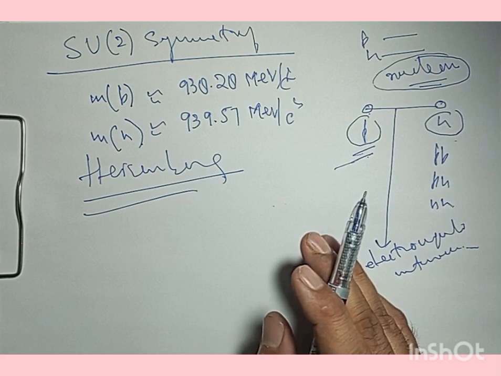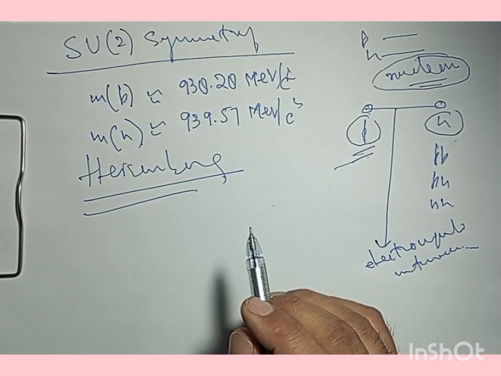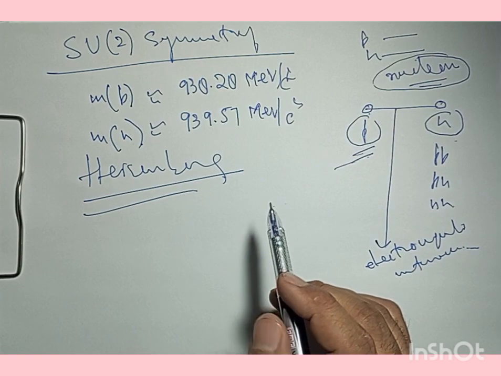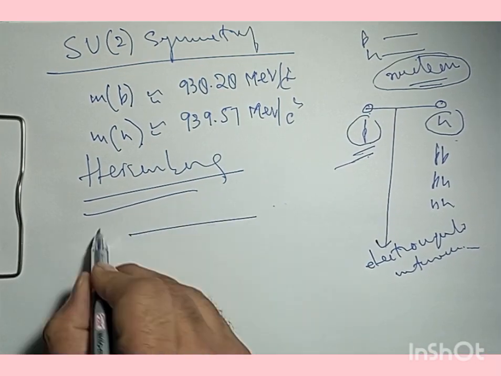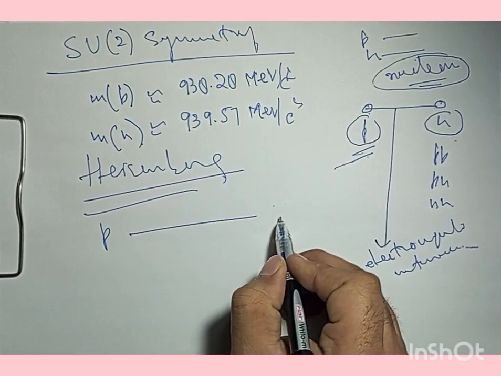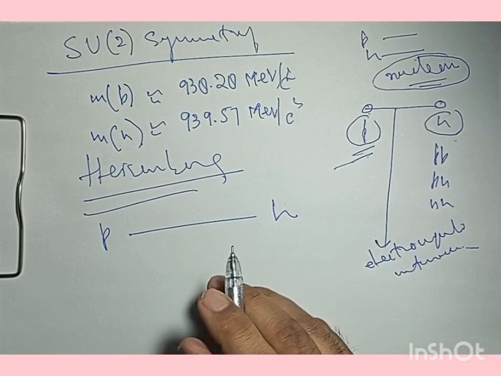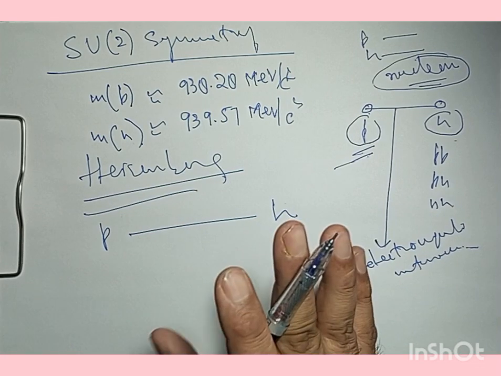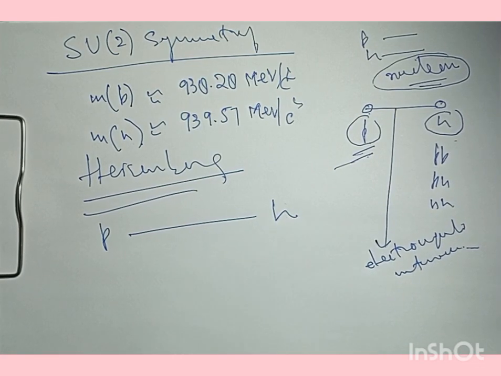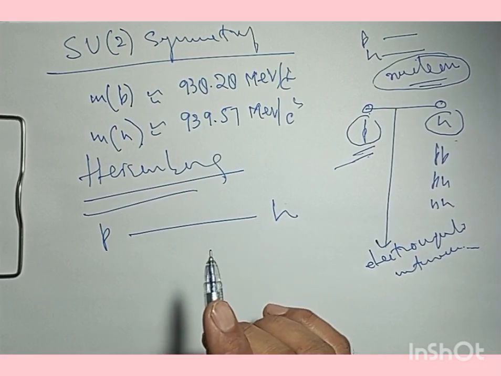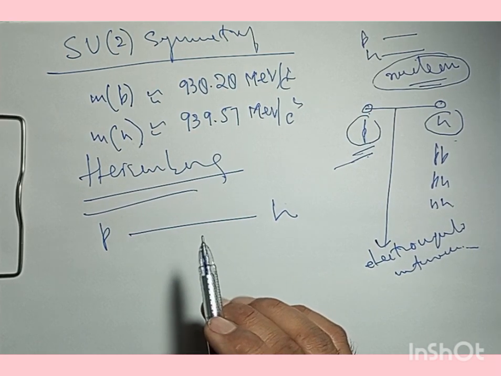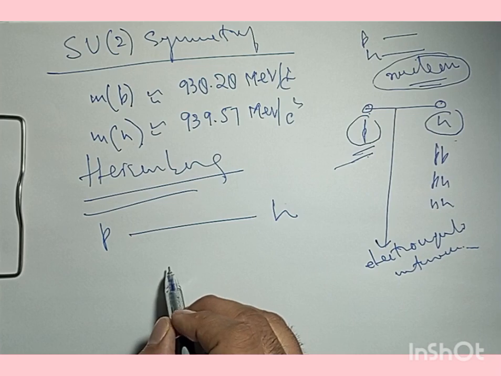I should say that it's possible to imagine a group of symmetry operators which could transform a proton into a neutron, and vice versa. We are switching off the electromagnetic interaction. So in absence of electromagnetic interaction, this proton and neutron form the fundamental representation of a group.